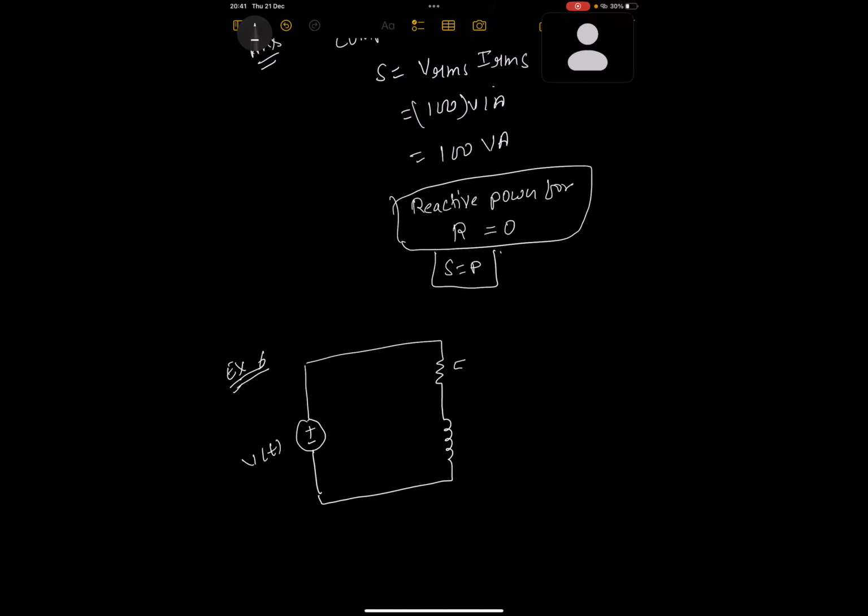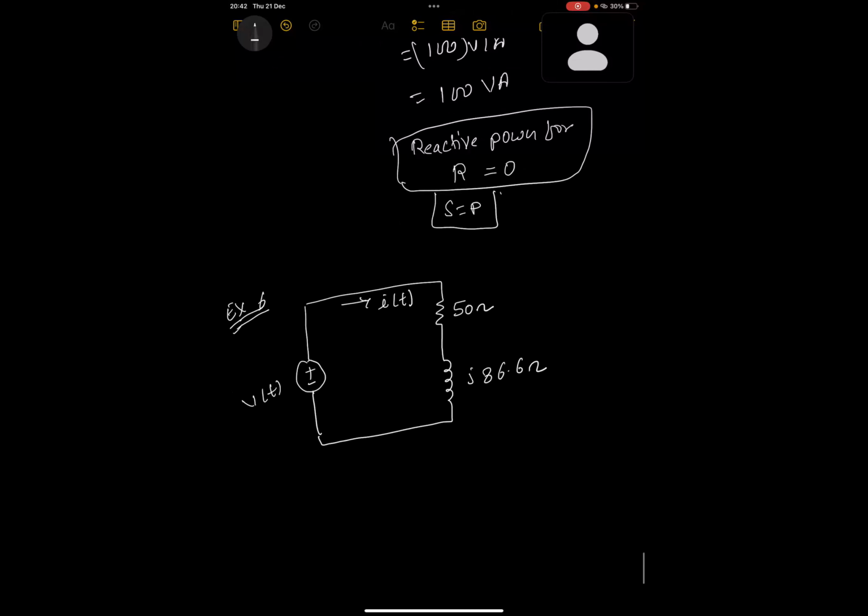Resistance is 50 ohm, inductor is 86.6 ohm given, and you know here is current flow IT. Given data: VRMS value is 100 volt. IRMS is 1 ampere given.